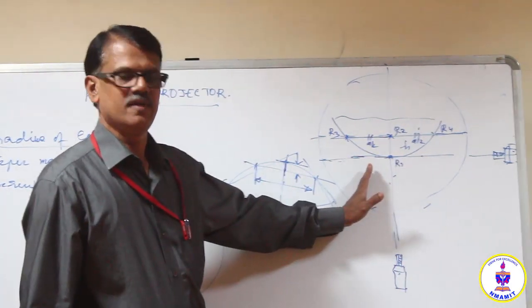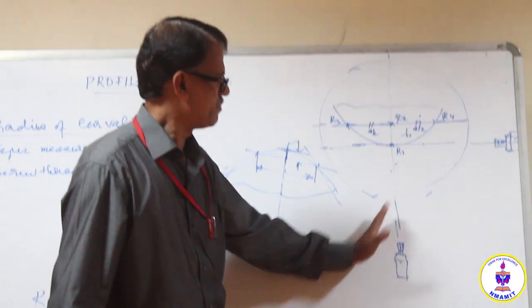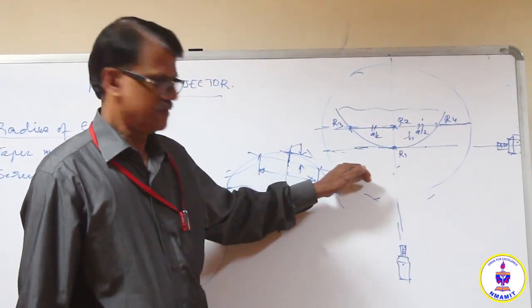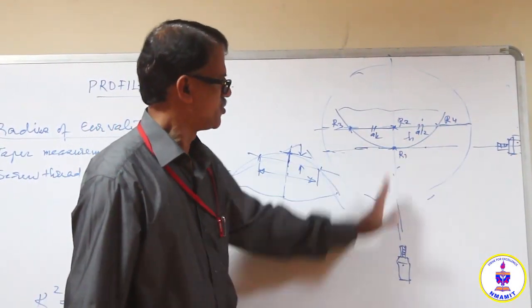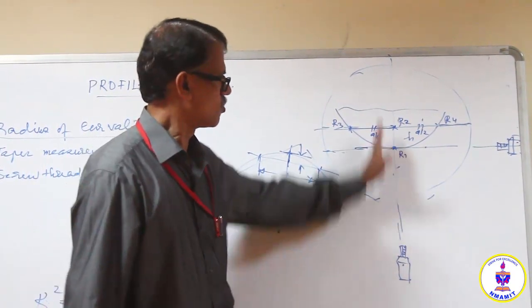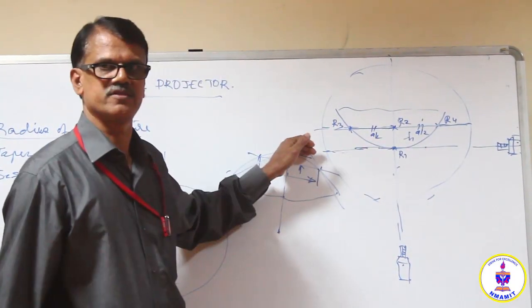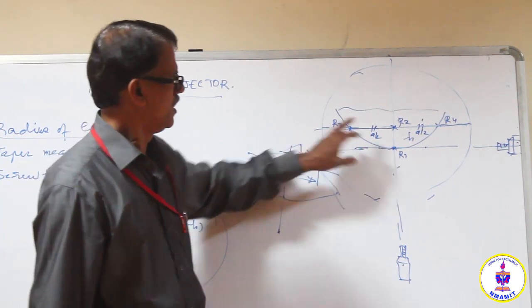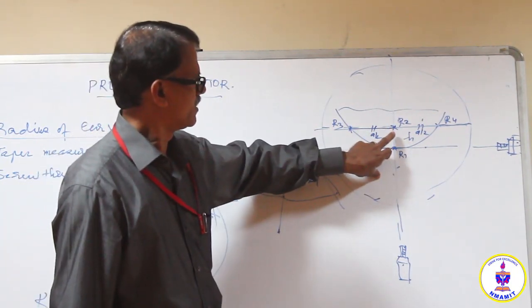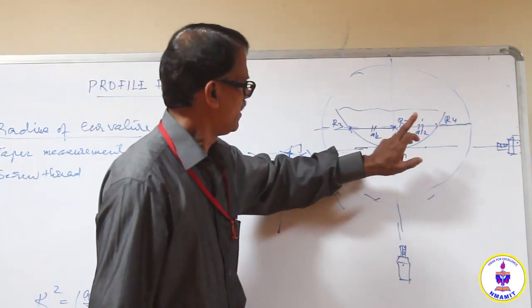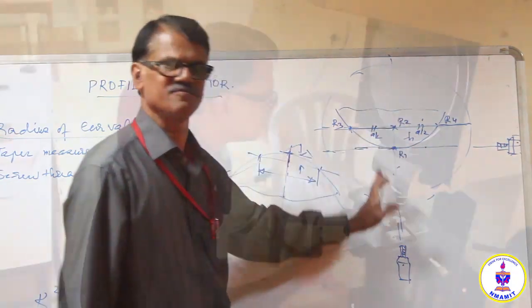This is because the palettes can be moved in two mutually perpendicular directions, crosswise and across that, or longitudinally. So while measuring the chord length, it must be perpendicular to this.